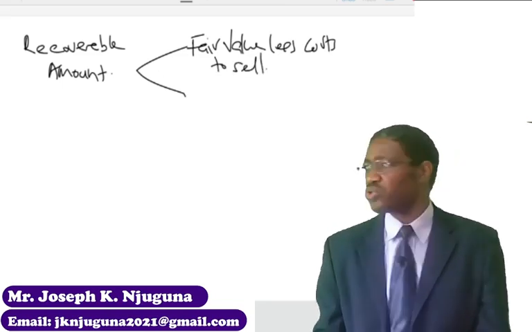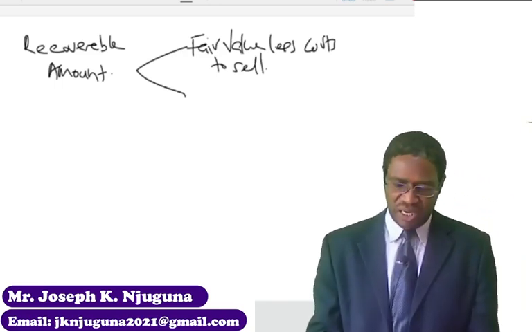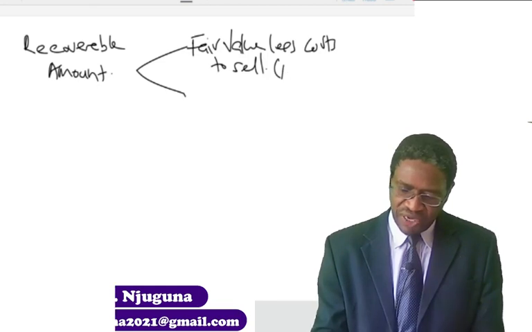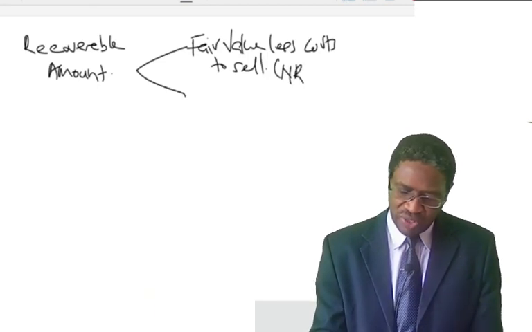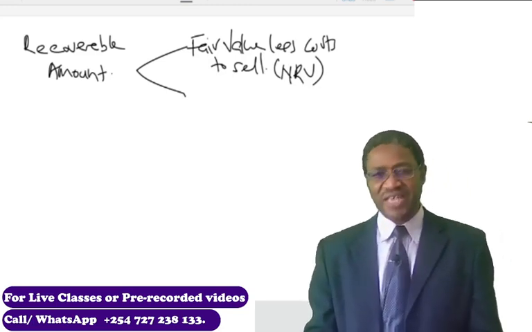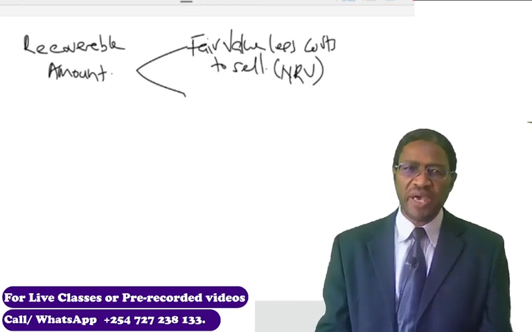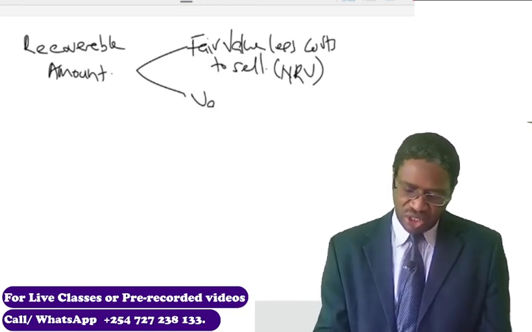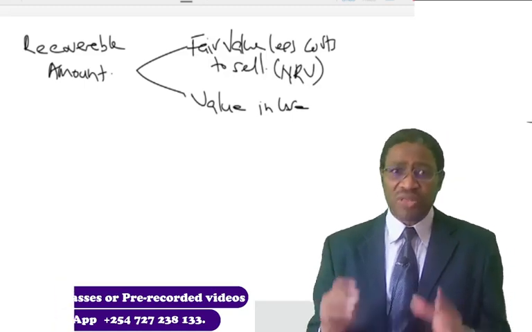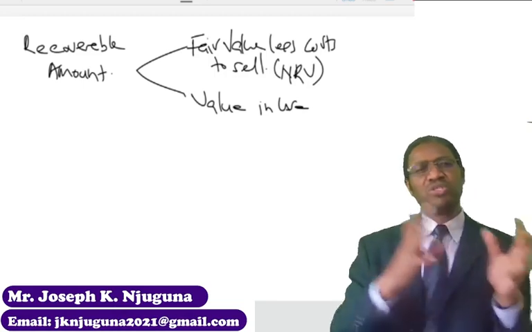Fair value less cost to sell. We also refer to that amount as the net realizable value of an asset. The other value we compare with is what we shall be calling value in use. So for that one particular asset, you will be required to compute these two values.